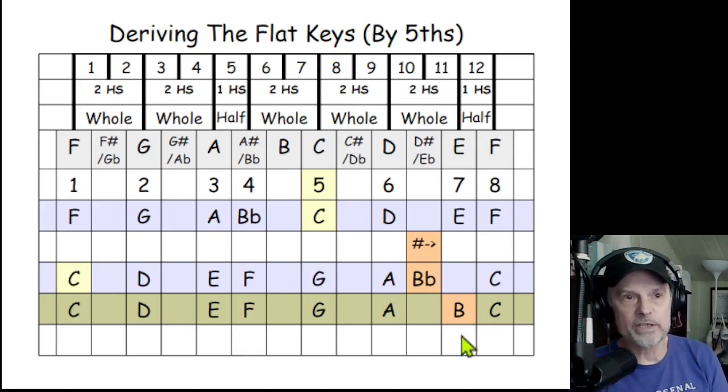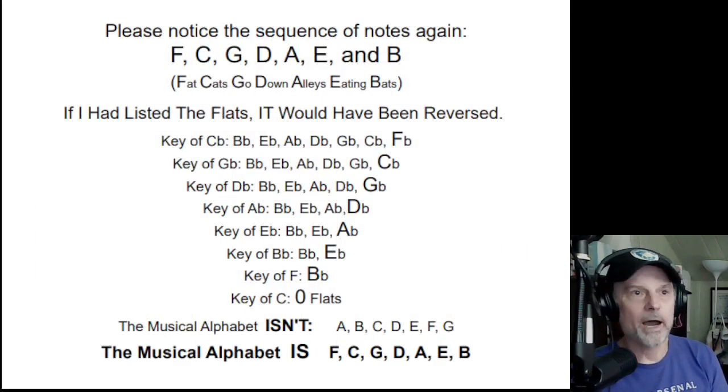So when we raise it, we get back to C with no flats. And that's exactly where we started. Once again, I want you to notice the sequence of notes: F, C, G, D, A, and E.